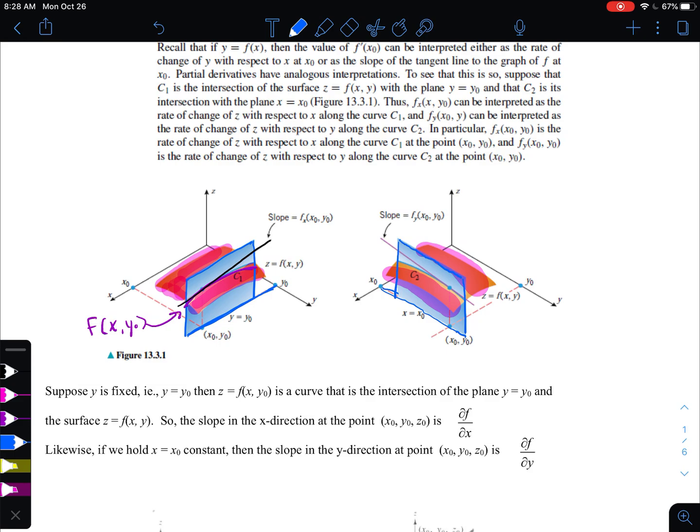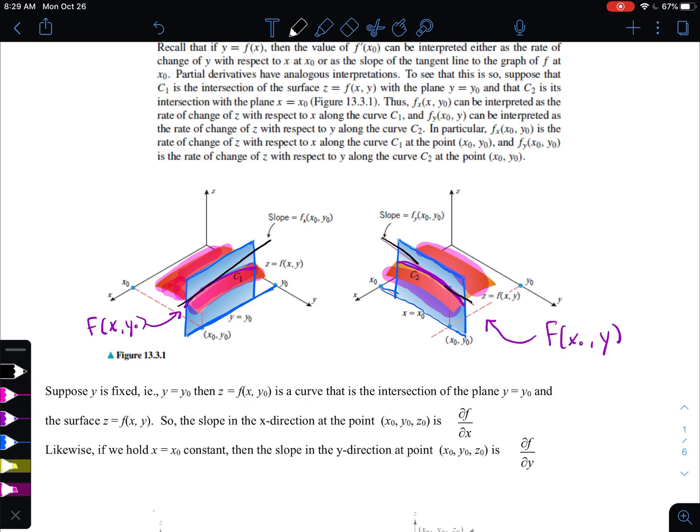And now our surface has become a two-dimensional function. I didn't do a good job illustrating that. But now that is a function of f of x naught and y. Y is still a variable, but we are holding x constant. And that allows us to find a rate of change of z in the y direction.